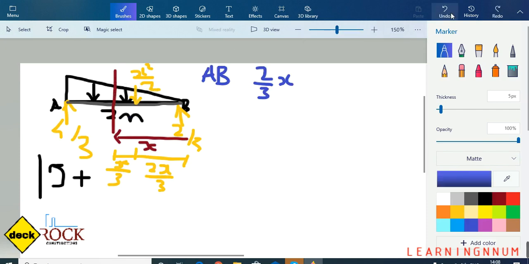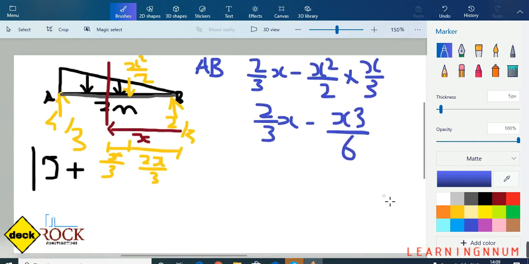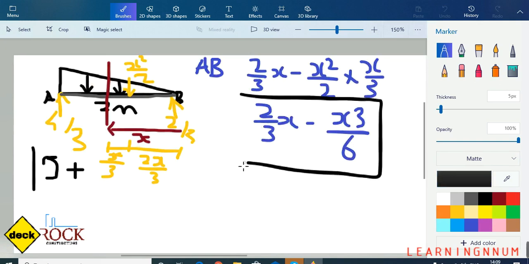So write down minus x square by 2 into x by 3, right? Now if I elaborate this, 2 by 3 x minus x cube by 6. So this is the bending moment equation of the beam, because there is only one region, so this is the ultimate equation, right?